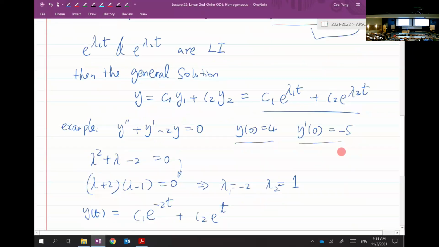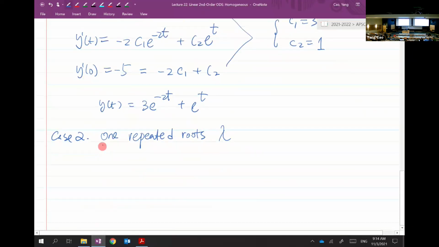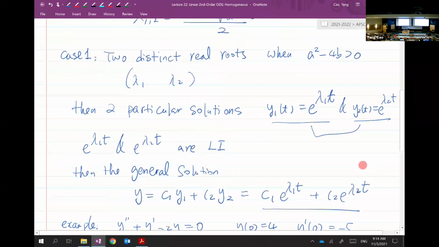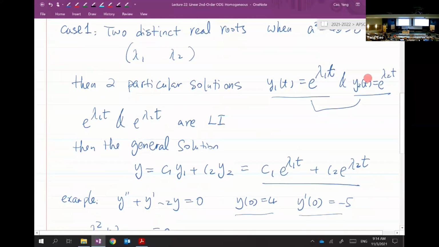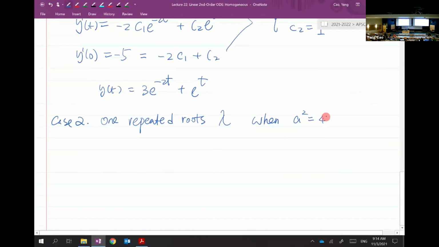So let's write it down here. A squared equal to 4b. Lambda equal to -a over 2.